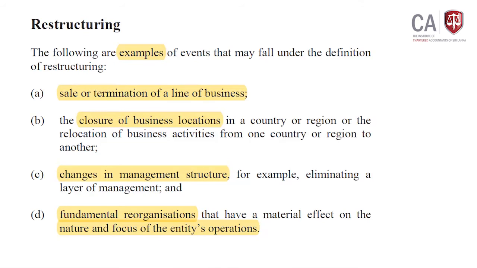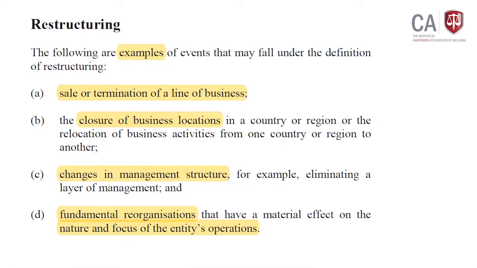Sale or termination of line of business. What do you mean by line of business? You have 3 products, right? You are manufacturing, let's say, marker pens, you are a stationery manufacturer. Marker pens, you manufacture A4 sheets, you manufacture let's say exercise books.